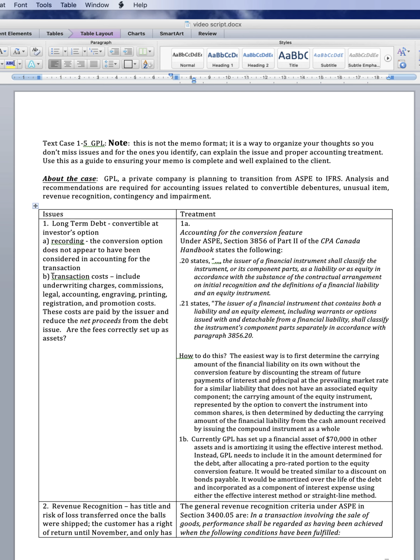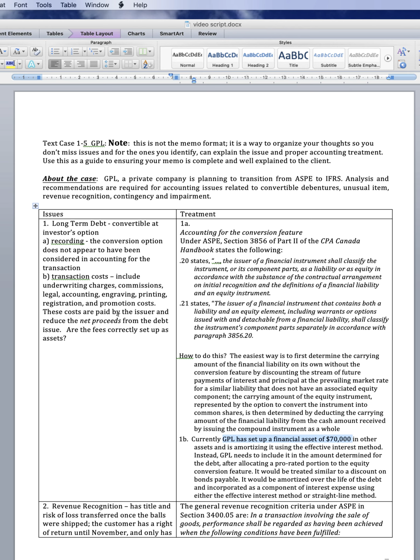Now, let's deal with the transaction costs. Currently, GPL set up $70,000 in other assets, and they're going to amortize it using the effective interest method. Well, it's not an asset.